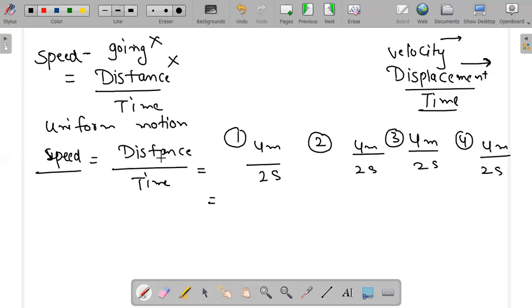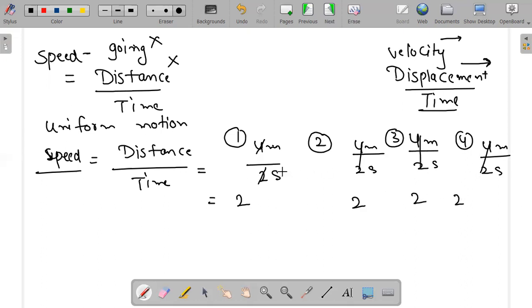Now I will cut them. I cannot cut meter and second because they are in numerator and denominator, and they are different things: meter for distance and second for time. So I will write 2 here, 2 here, 2 here, and 2 here.